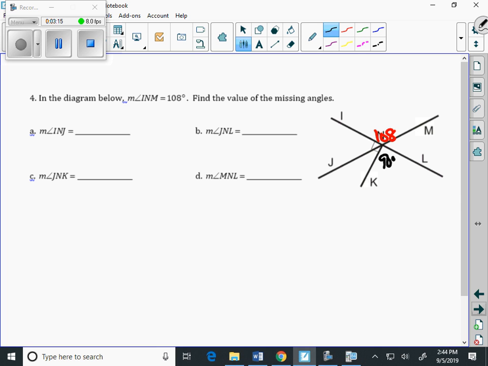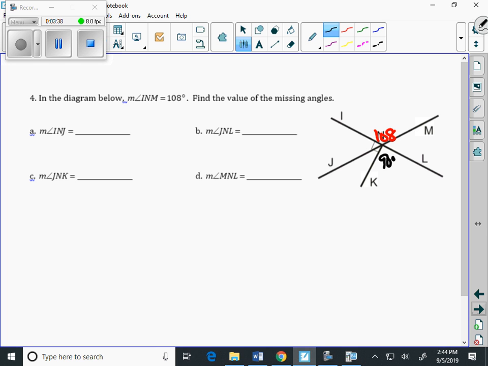So we know two of the values right now, and we need to find angle INJ, JNL, JNK, and angle MNL.